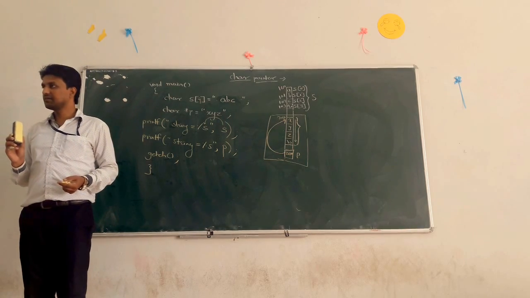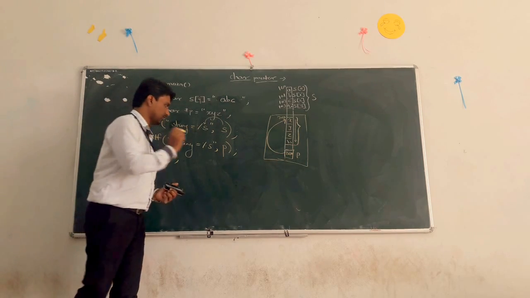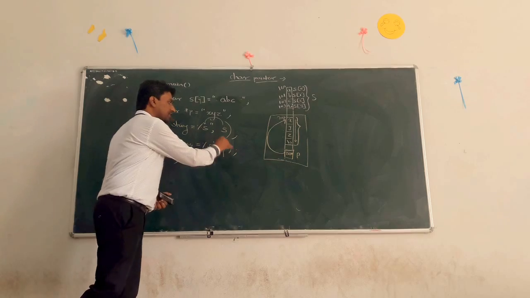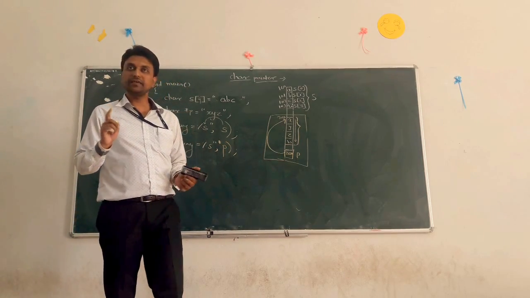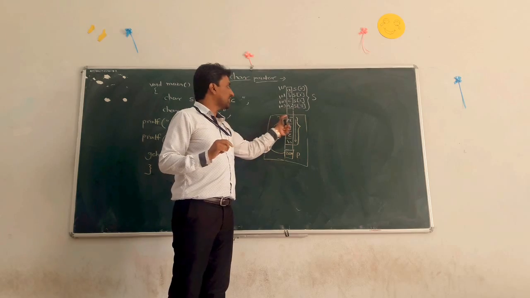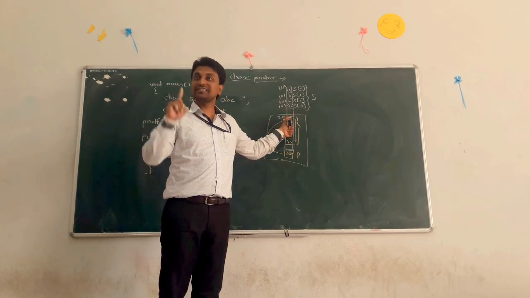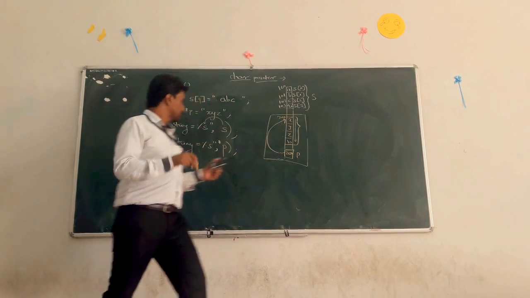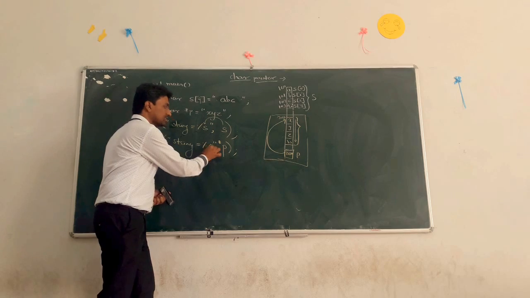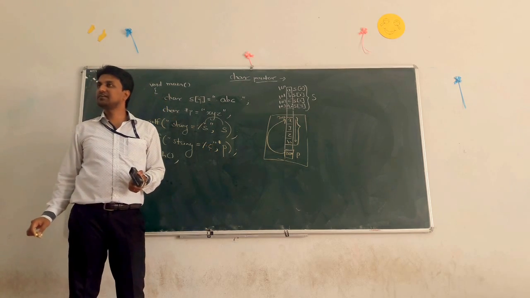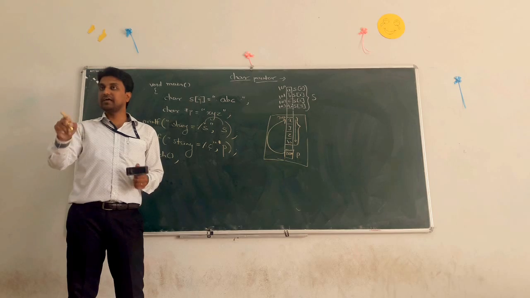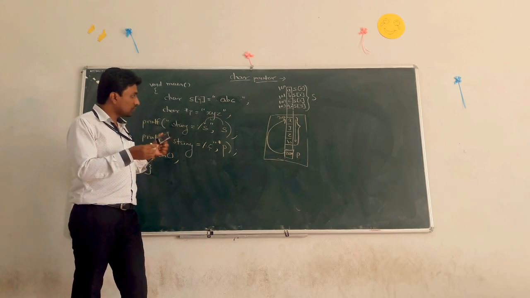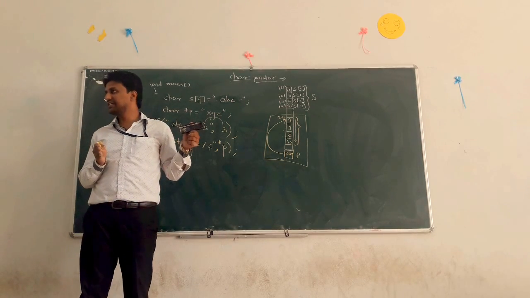Understand the meaning. For example, if I write *p, what does it mean? It means the value at that address location. What is the value? One single character, x. So what do we require here? Percentage c. It gives you only a single character. And what do we want now? We want to print the whole string x, y, z.